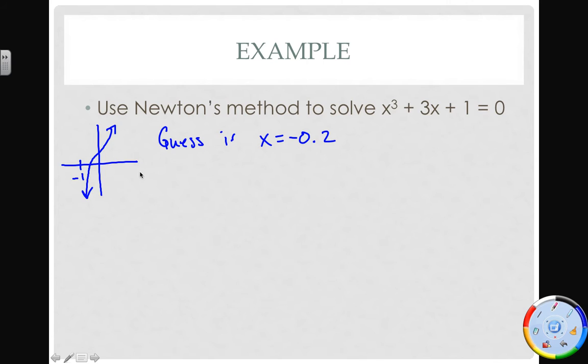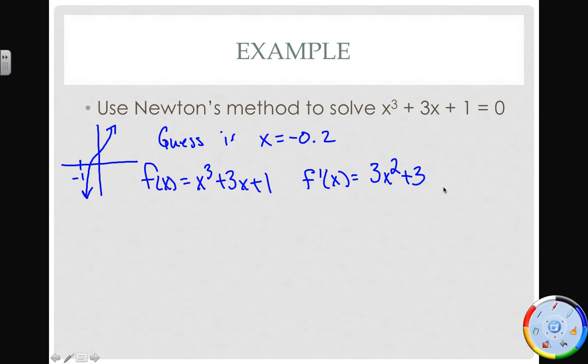So there's a couple things that I need to know. I need to know that f of x is x cubed plus 3x plus 1. If you know that little formula in the back, it had the function f and the derivative. So the derivative of f is 3x squared plus 3. This derivative is correct this time, unlike my last video. Okay.